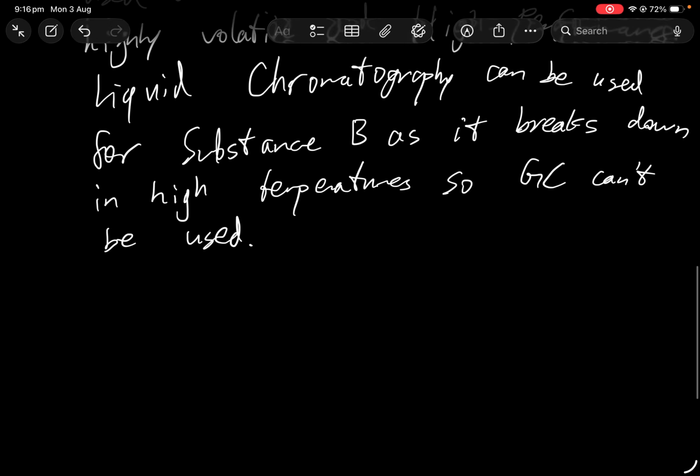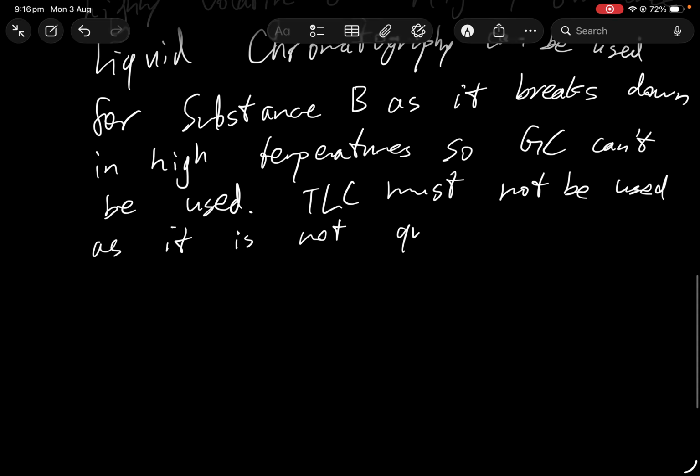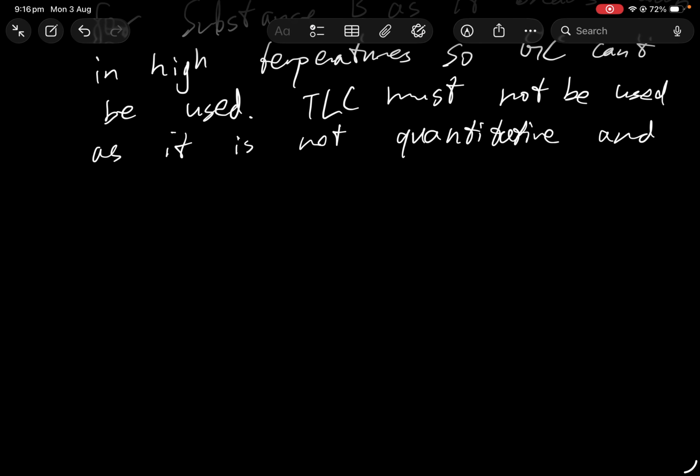I also want to include that TLC, thin layer chromatography, must not be used, as it is not quantitative and has low accuracy, I think.